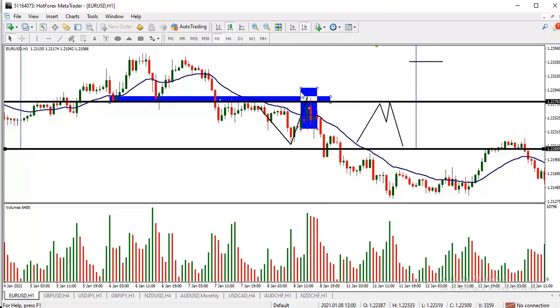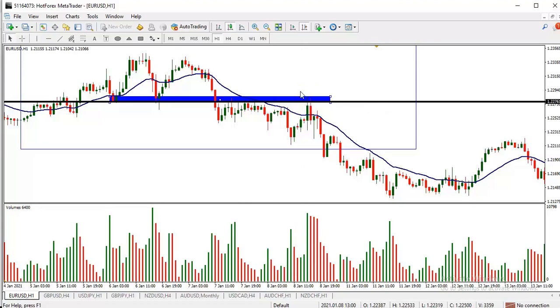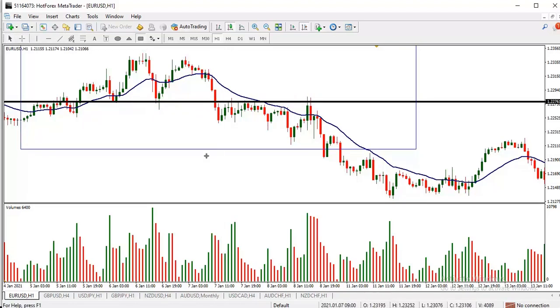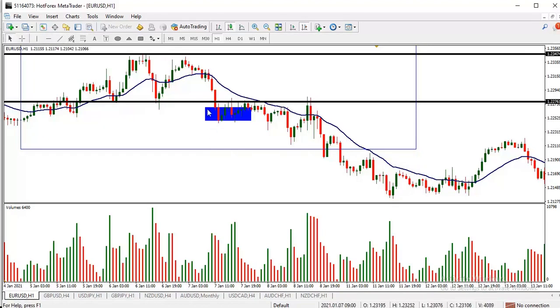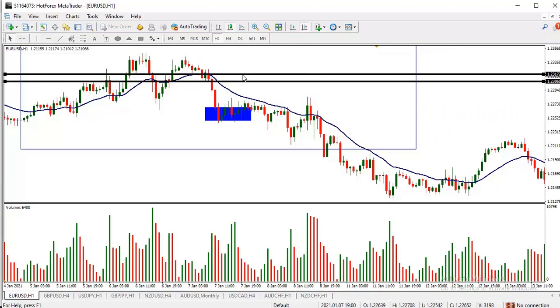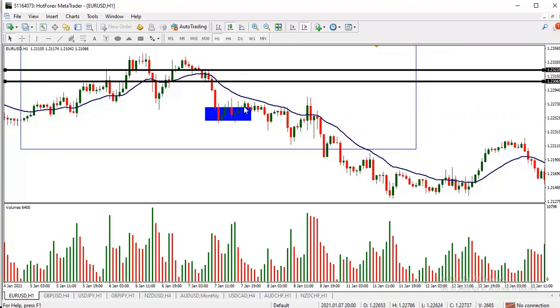Now remember, I said after the break of the market structure, which is at this level, they will do what? They will retrace. Now the third style is this. They will normally retrace back to where? Either the order block. They retrace to the order block, this particular order block level, this zone.